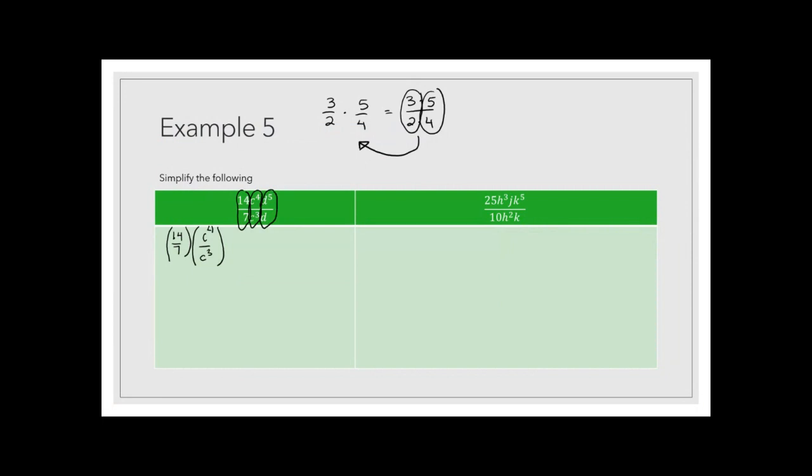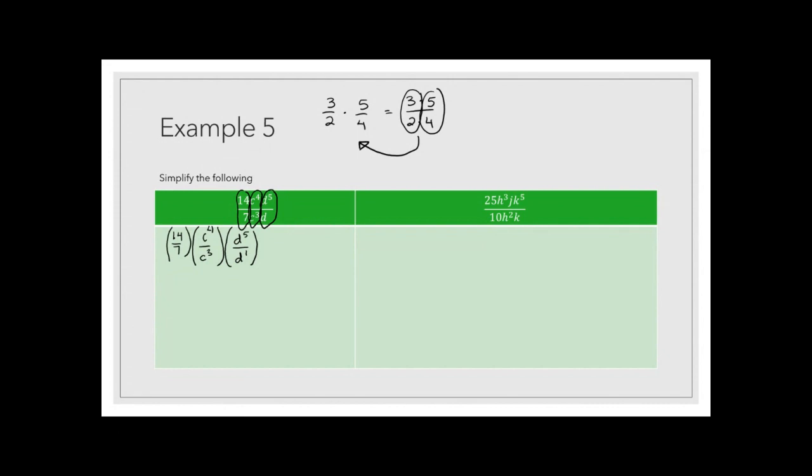And then I'm going to group the things with d together as a separate fraction: d to the 5th over d. That d does not have an exponent, so I'm going to give it an exponent of 1. So I'm splitting my fraction up into 3 separate fractions multiplied together. Temporarily it looks more complicated, but it's really not, it's going to make things easier for us.